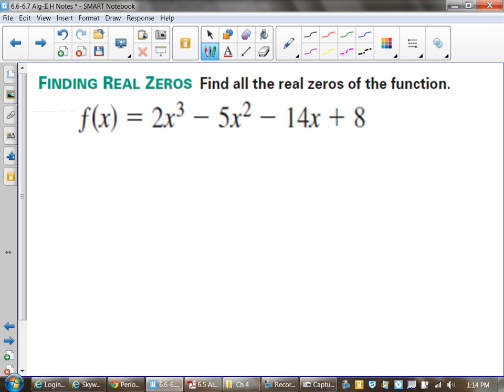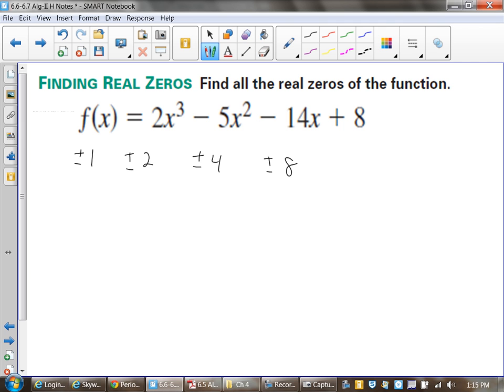Which means the first thing I have to do is list out all of my possible zeros. Which means I take all the possible factors of my constant, which is 8, plus or minus 1, plus or minus 2, plus or minus 4, plus or minus 8.